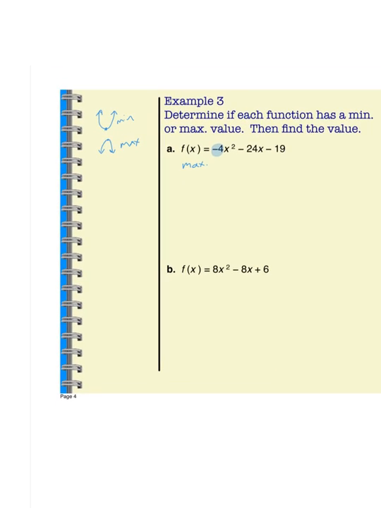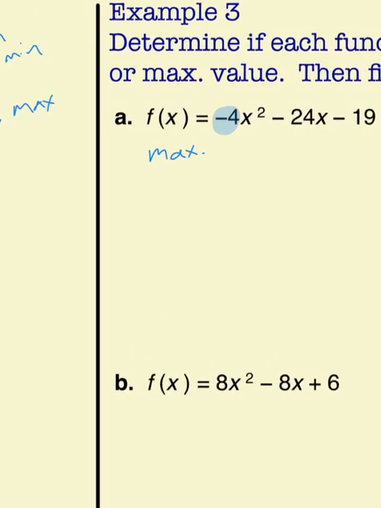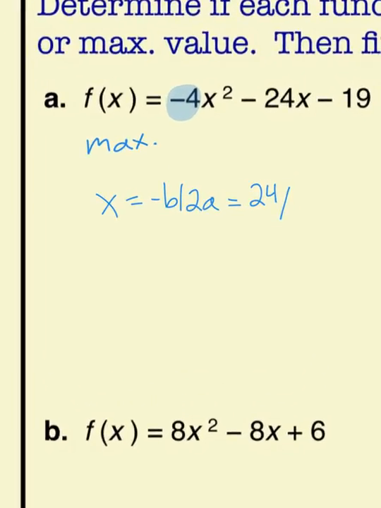All right, then it says find the vertex. So first we need to find x. X equals negative b over 2a, which is 24 over 2 times negative 4. That 24 is positive because both b and 24 were negative, so the negatives canceled out.